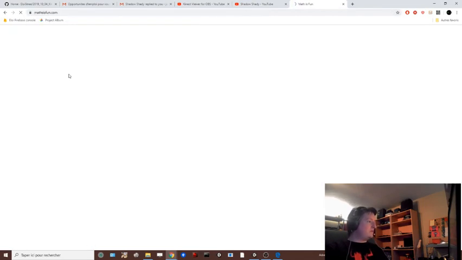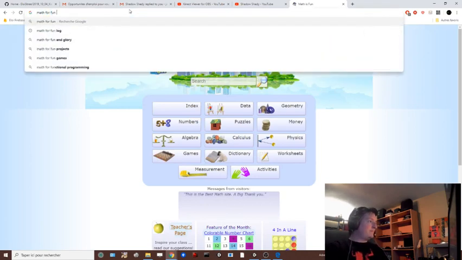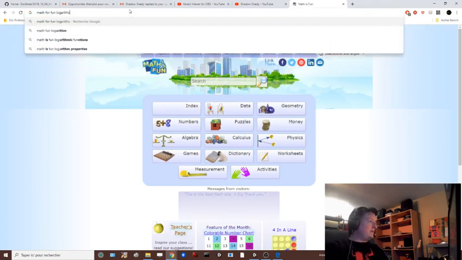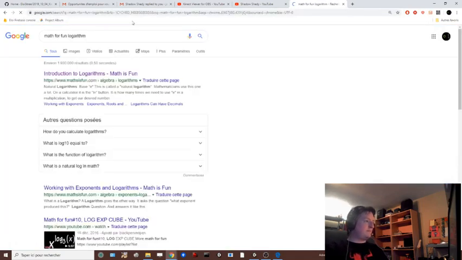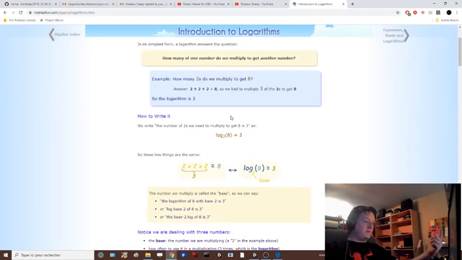Basically it explains, to remind you, that exponent means 2 exponent 3 is 2 multiplied by 2 multiplied by 2, equals 8.